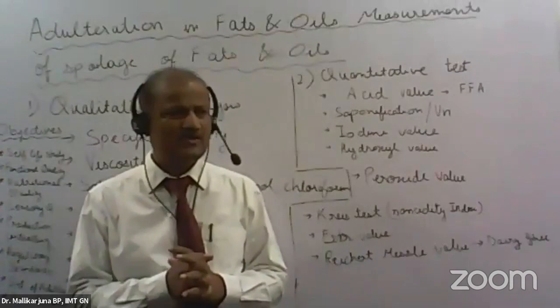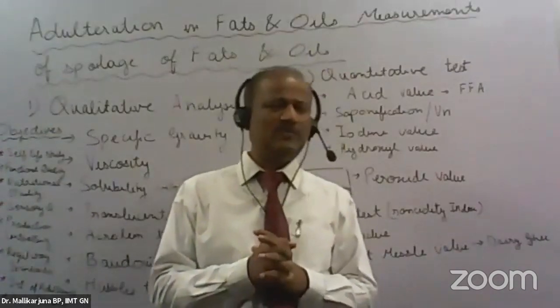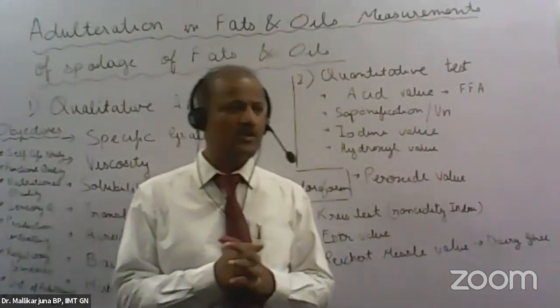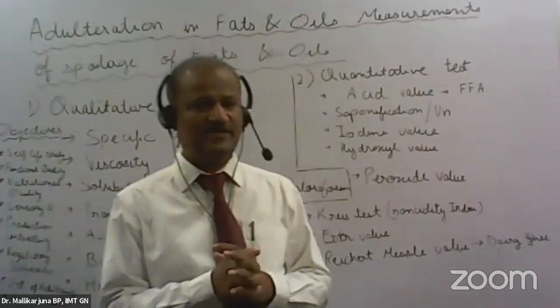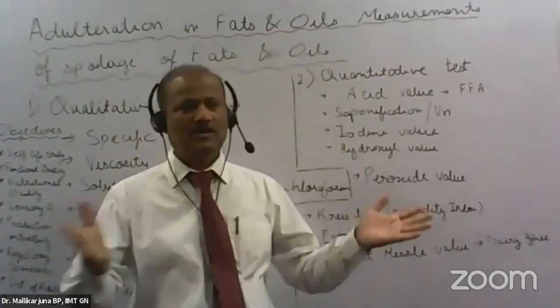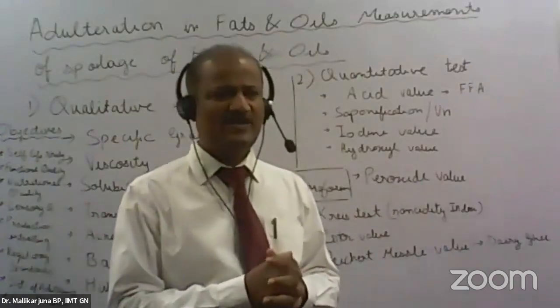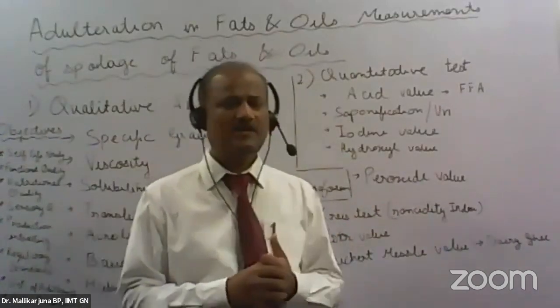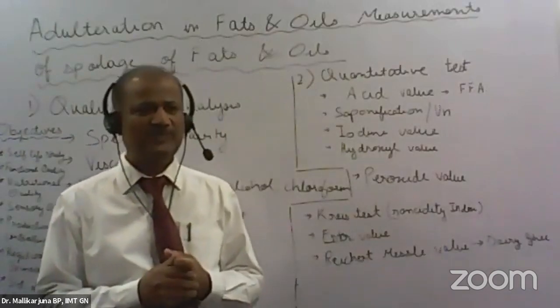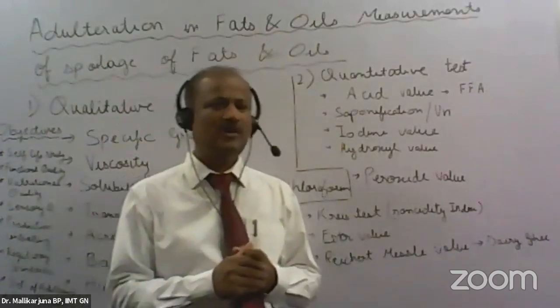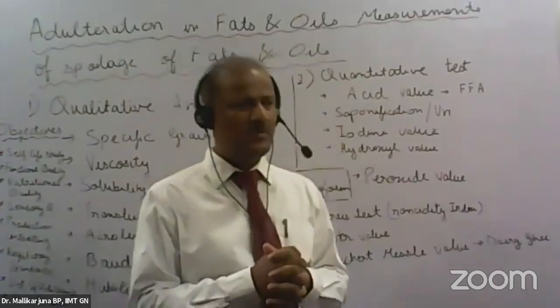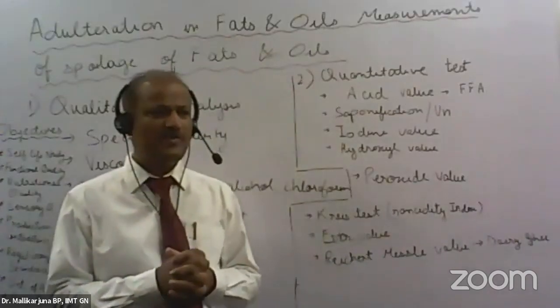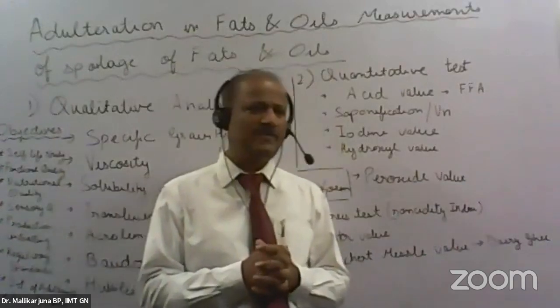The value is normally applied to butter fat and coconut oil, which have shorter fatty acid chains. Longer chain fatty acids definitely have a lower saponification value, while shorter chains have a higher one. It indicates the molecular weight present in the oil and fat.